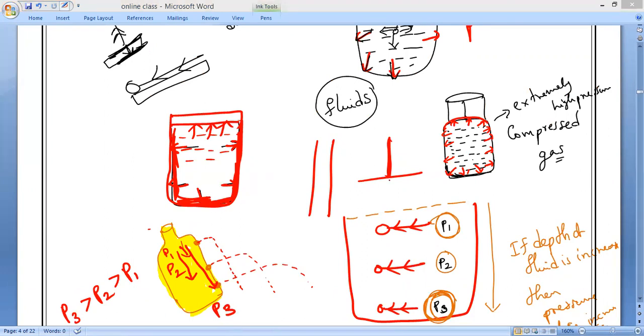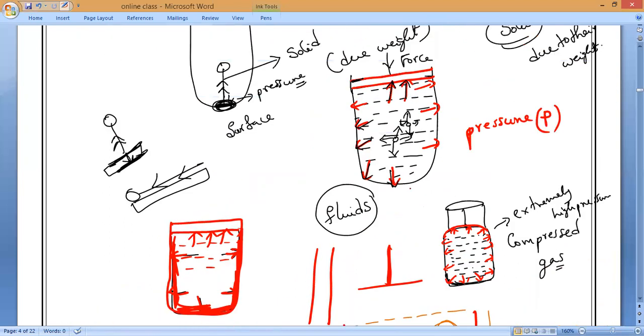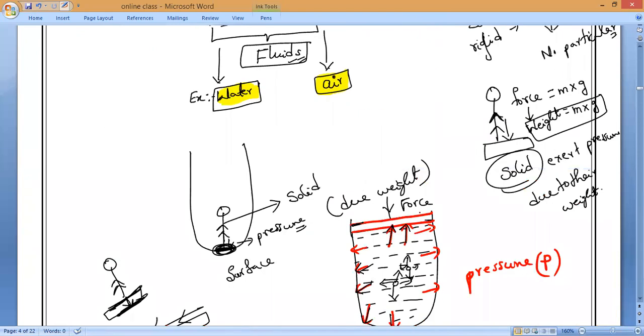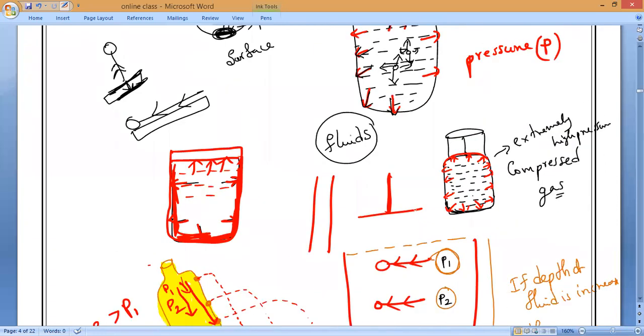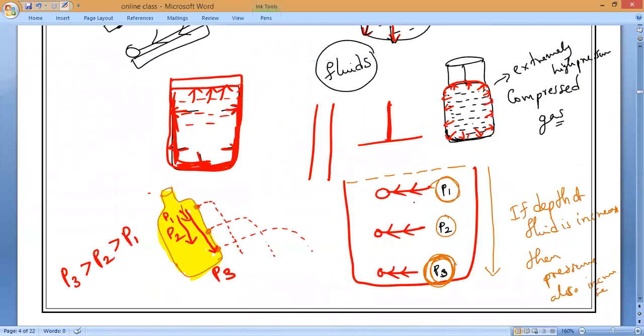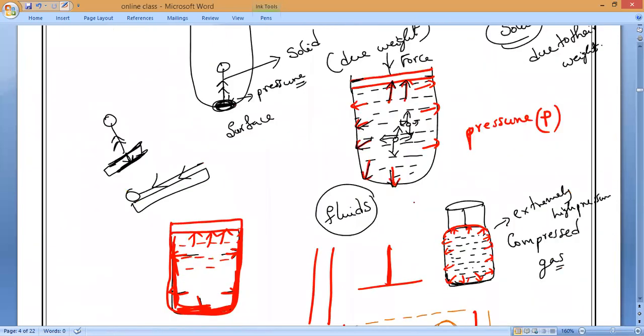Write it. First one. At any point where the fluid is in contact with a surface, the pressure is directed, how, perpendicularly or parallelly?